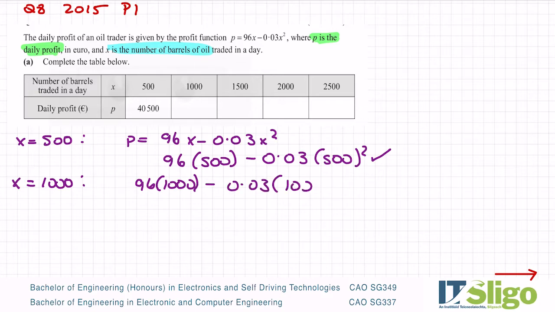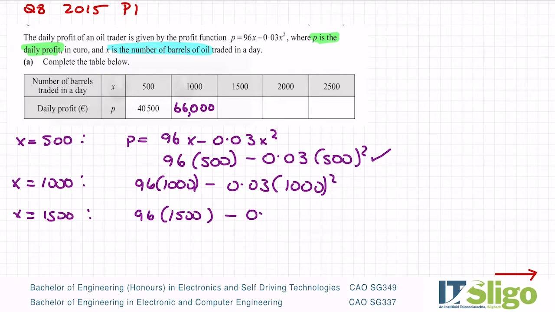So when you go on to do 1,000, it would be 96 times 1,000 minus 0.03 times 1,000 squared. So 96 bracket 1,000 minus 0.03 bracket 1,000 squared. I'm getting 66,000 for that. When x is equal to 1,500 barrels, it'll be 96 times 1,500 minus 0.03 times 1,500 squared.